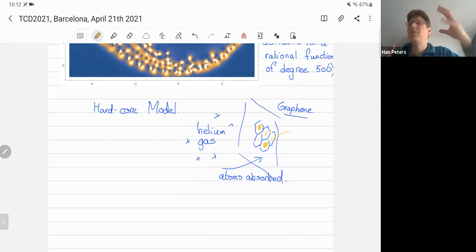Or, since all the holes are similar, what percentage of the holes could we expect to be filled by helium atoms? And another question is, how does this percentage vary as your parameters vary? For example, as your temperature varies. As your temperature gets larger, maybe atoms want to be less absorbed.